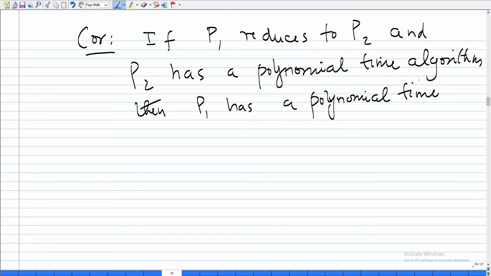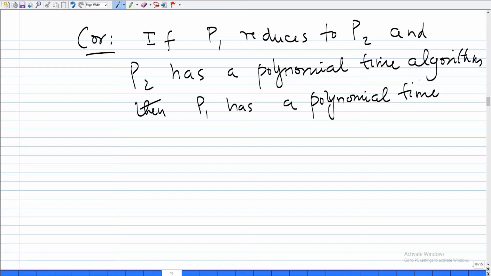I take my input for P1, and because P1 reduces to P2, there is some function which will translate this input. Apply that polynomial time algorithm, which will take the input for P1 and translate it to an input for P2, then run the algorithm for P2.